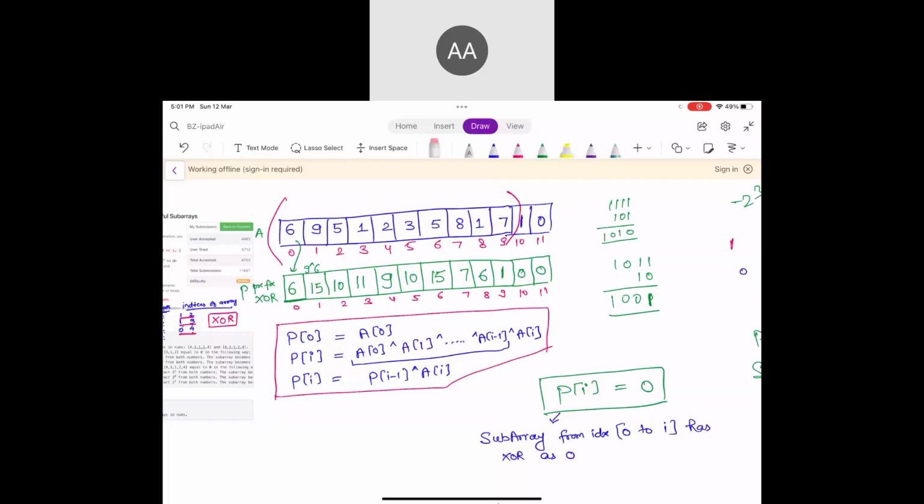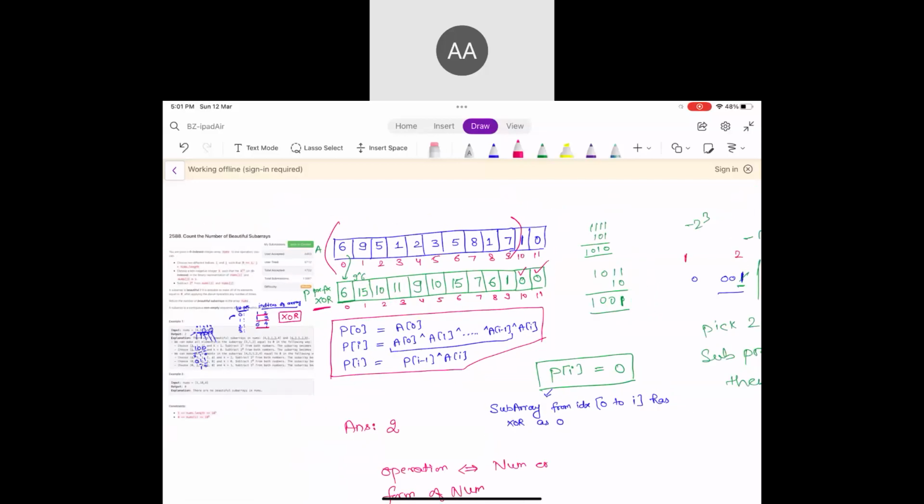So 0 values are of our interest. From this prefix XOR array, how many such beautiful subarrays are we getting whose values are 0? We can say 2, because there are 2 zero values. Okay, this is half part of our answer.